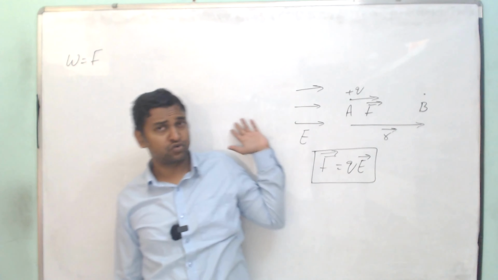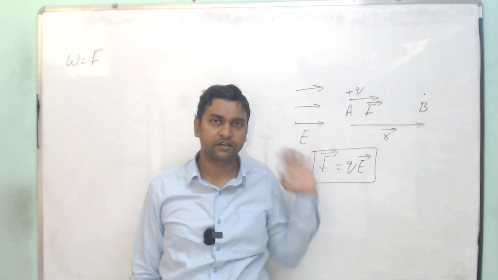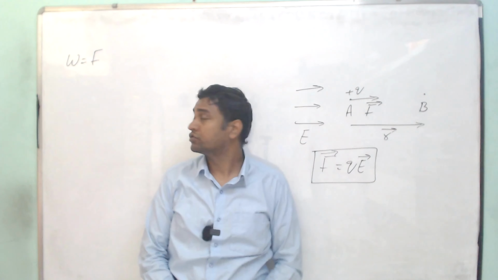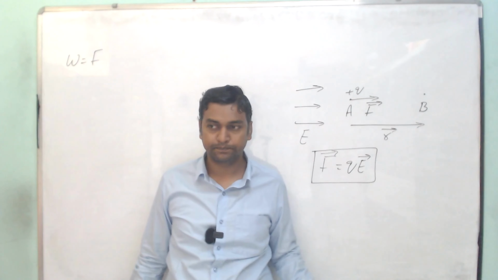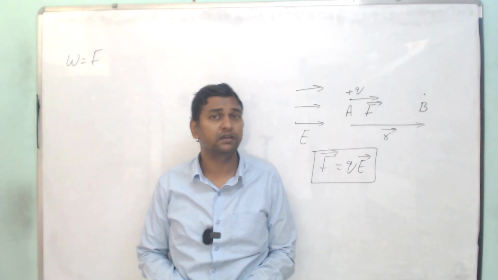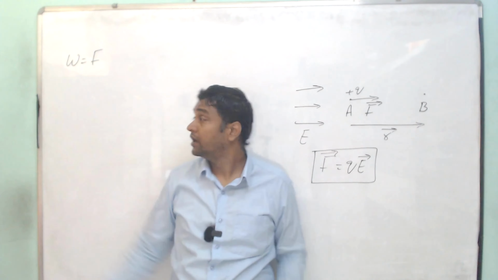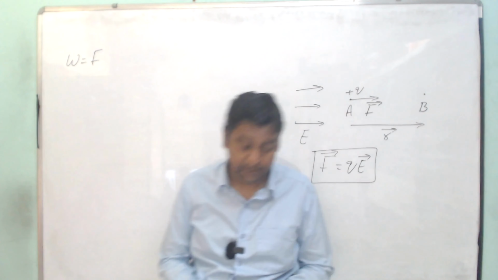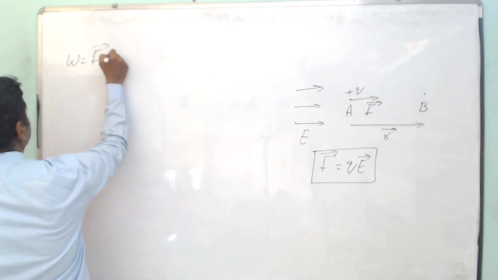We don't know the source of this electric field. So this force is due to this electric field. That's all that we know. So this work done is due to whom? This electric field. There's only one fellow who is working, and that is this electric field in this entire story. And that work done, I can write it as F bar dot R bar, right?